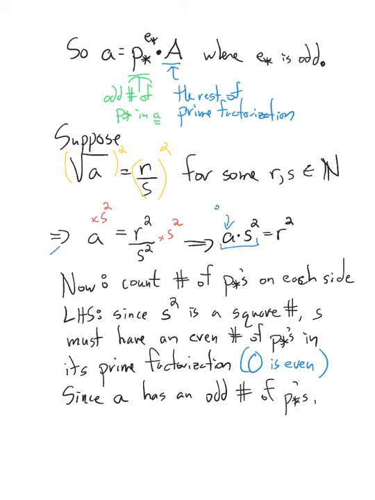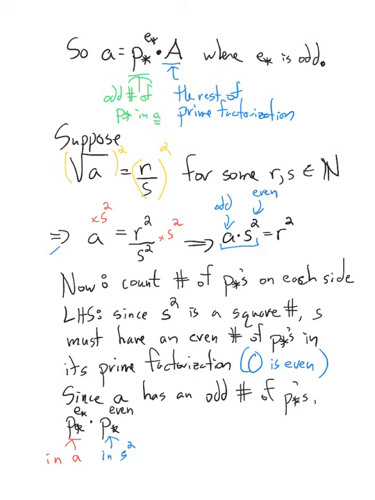We have an odd number of p stars in A, an even number of p stars in S. And remember, when you have p star to the e star, remember e star is some odd number, those are the ones in A. And then we have p star to some even exponent, those are the ones in S squared.